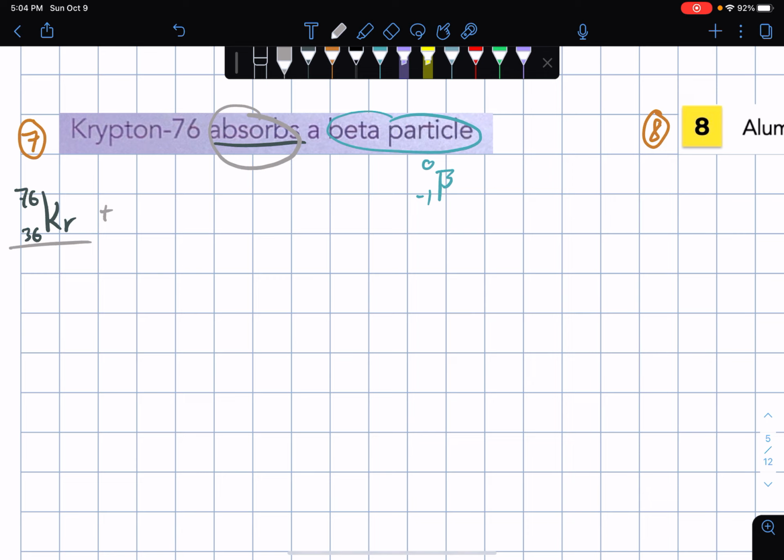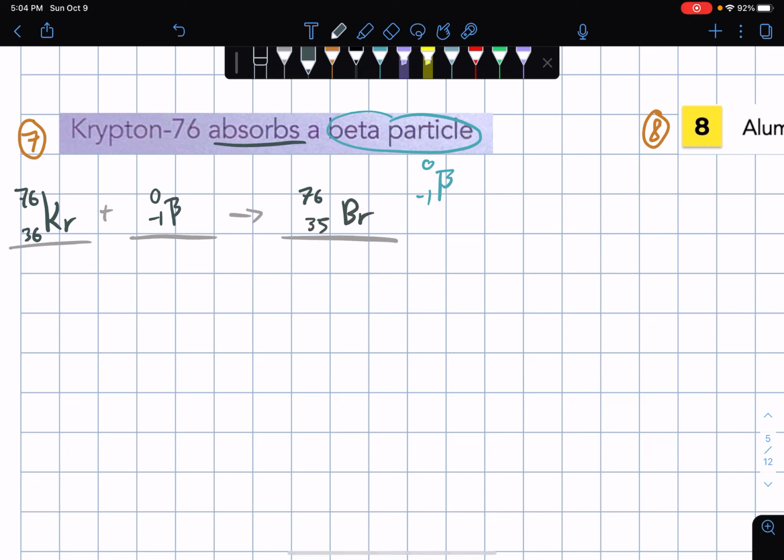Because the word problem says the element absorbs a specific particle, it would look like this, such that the beta particle would be put here, and the result would be 76, 37, I'm sorry, 35.